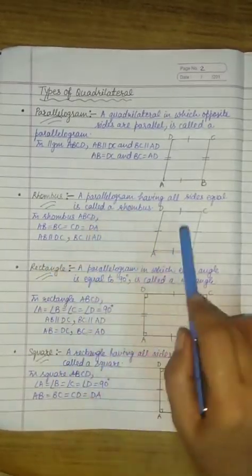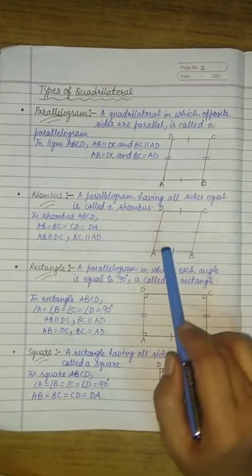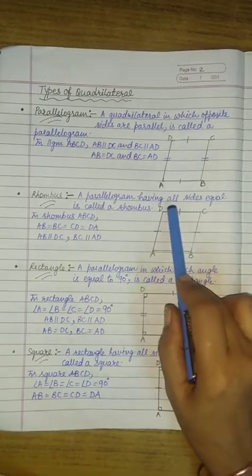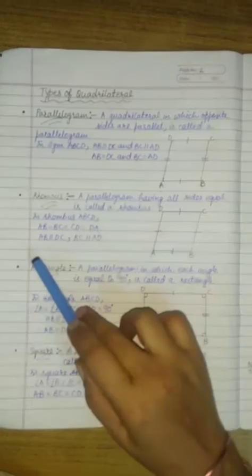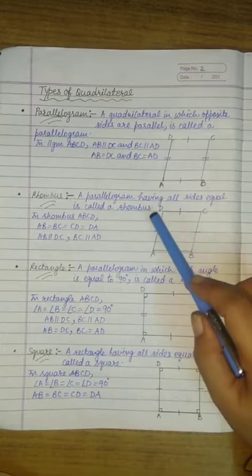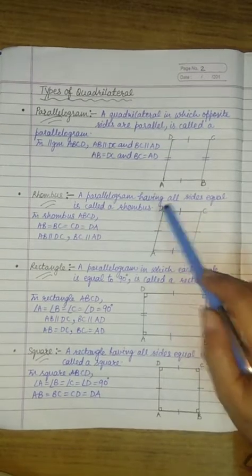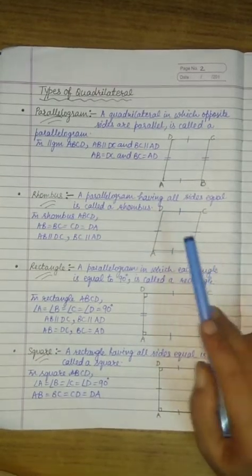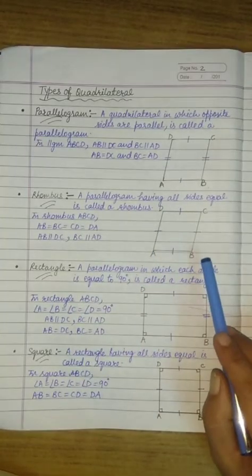So in rhombus ABCD, AB is equal to BC is equal to CD is equal to DA, and AB is parallel to DC, and similarly AD is parallel to BC.